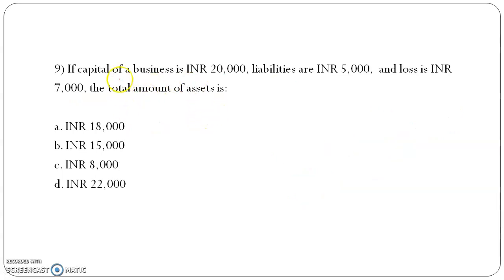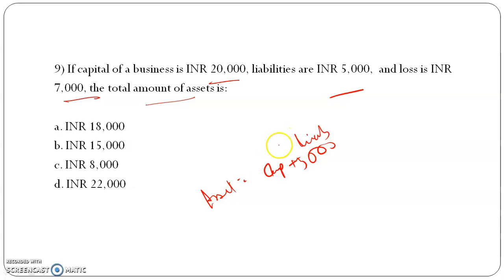Next question, if the capital of a business is rupees 20,000, that means we have got the capital, and liabilities are 5,000, that means we have got liabilities also, and loss is 7,000. The total amount of assets is? So here you need to understand that assets are what? Your capital plus liability. But if there is any kind of loss, it will be minus, or it will be deducted from your capital only.